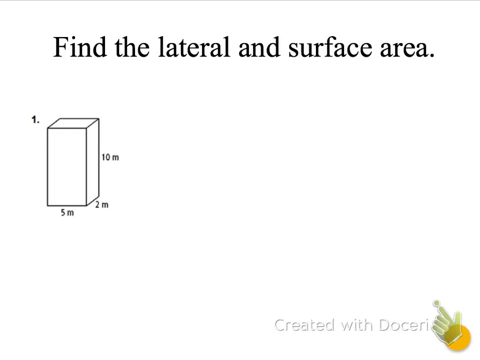Okay, here's my last one. So lateral area, we're going to do the side. So let's go ahead and do this front side first to get 10 times 2. Since it's a rectangle, that means back here, this side is going to be the exact same of 10 times 2. And then if we look at the front side, right here, we got that height being 5 times 10.